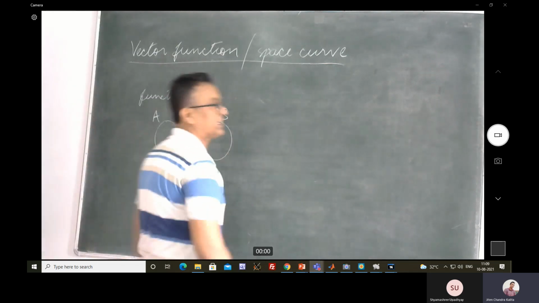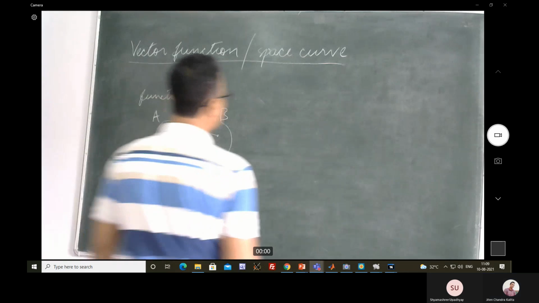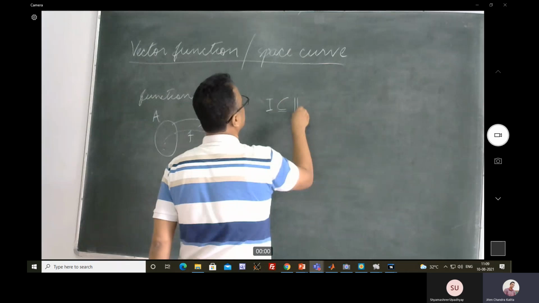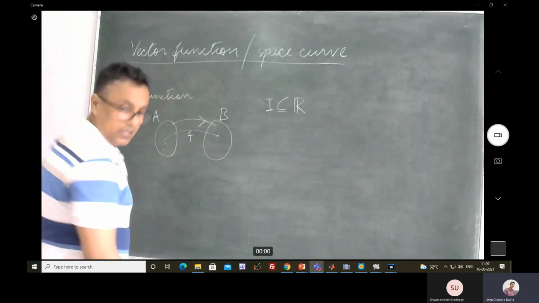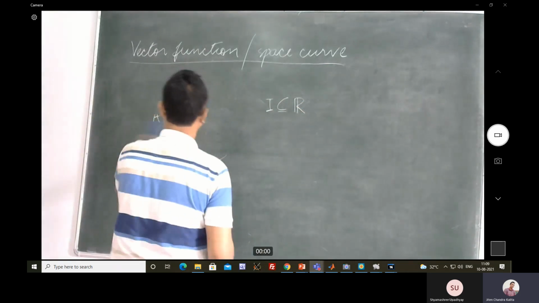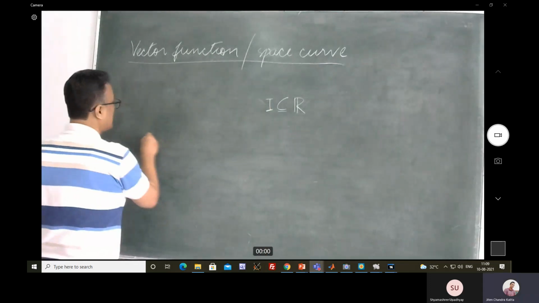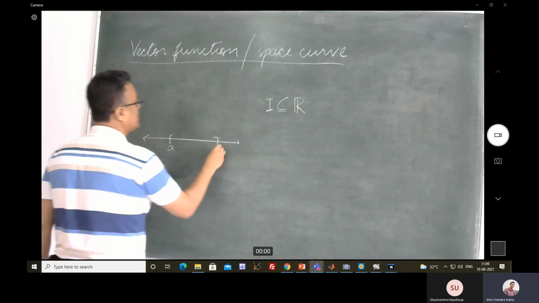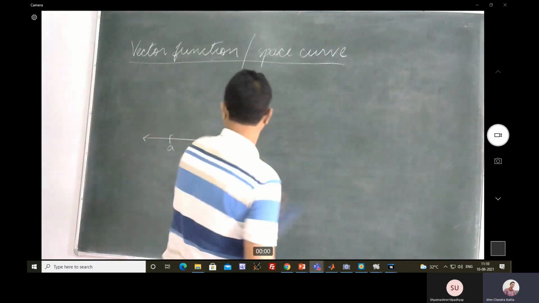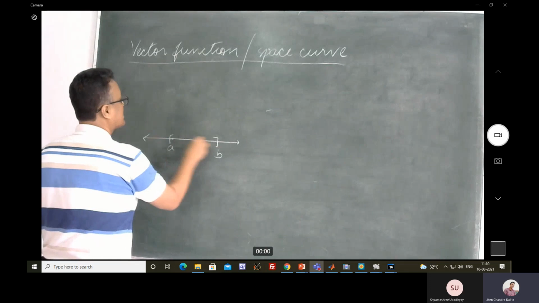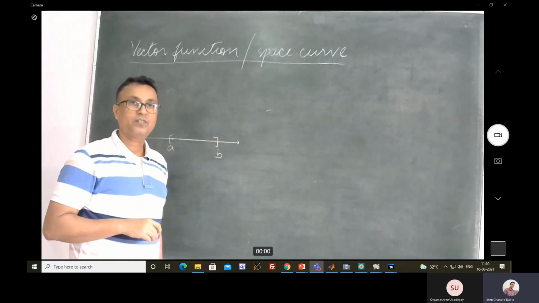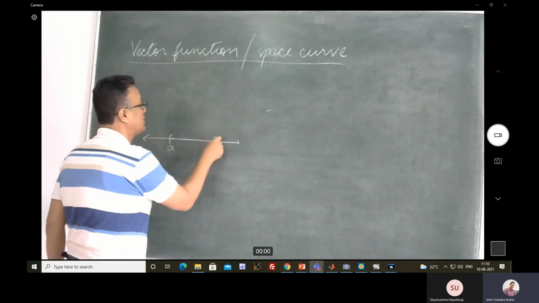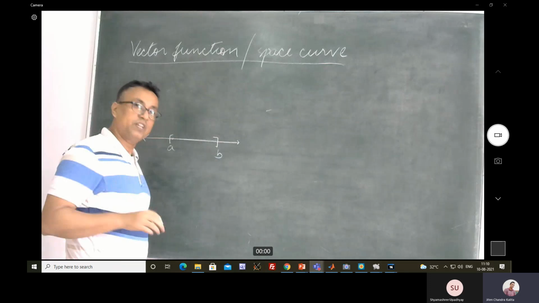Now in the case of a vector valued function, we are going to consider an interval in the real line, say the interval AB. Now I am trying to define some functions, not just one function, from the interval AB to the set of real numbers.